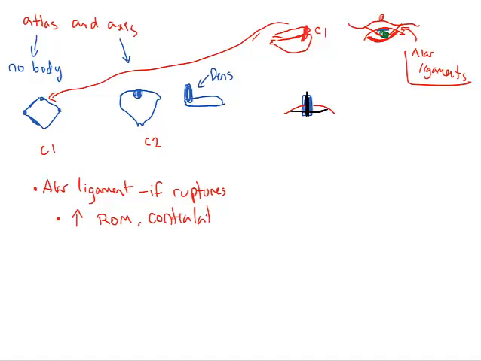So essentially what's happening is that you have this dens, and if we were to draw again the occipital lobe above here, it has these ligaments attaching from the dens to the base of the occipital bone. And these ligaments, once ruptured, will not allow for stability anymore. This is what keeps the head in check.